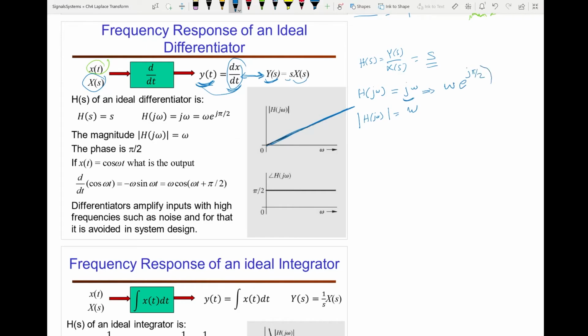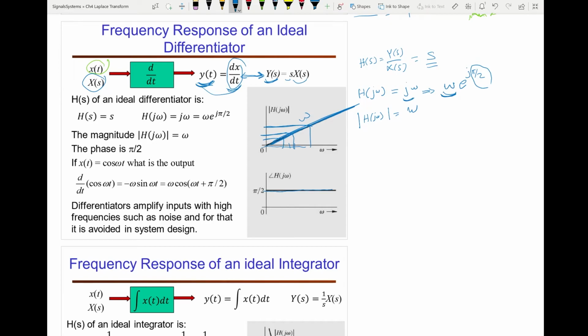This is the phase, pi over 2 here, for all frequencies. And this is the magnitude, which is, as omega increases, the magnitude increases, which is this line. Now, when you look at the differentiator, high frequencies will be amplified more.